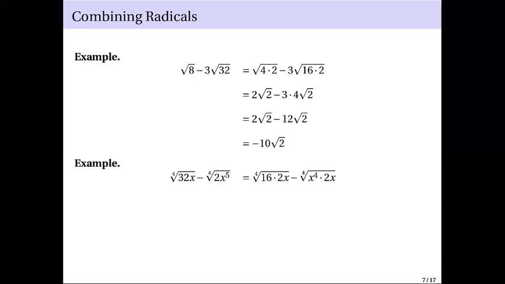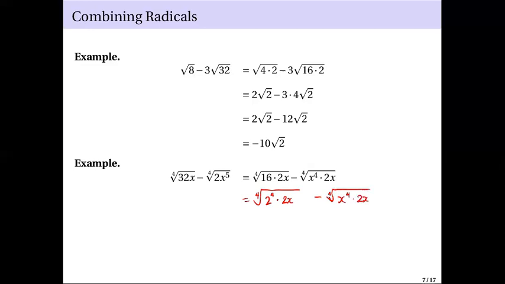And of course, just like before, your 16 is 2 to the power 4. So you have fourth root of 2 to the power 4 times 2x minus, you'll just copy, fourth root of x to the power 4 times 2x.